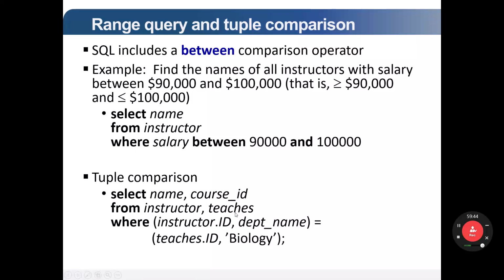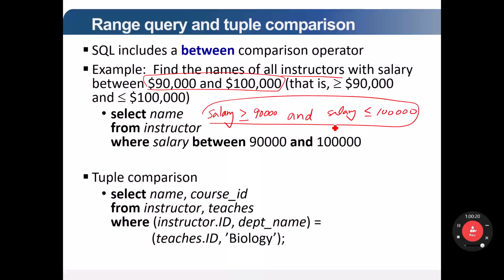Next, range query. Suppose you want to find the instructors who make salary in this range. Any instructor making more than 90,000 but less than 100,000, then you may use the AND operator, like salary greater than or equal to 90,000 and salary less than or equal to 100,000.